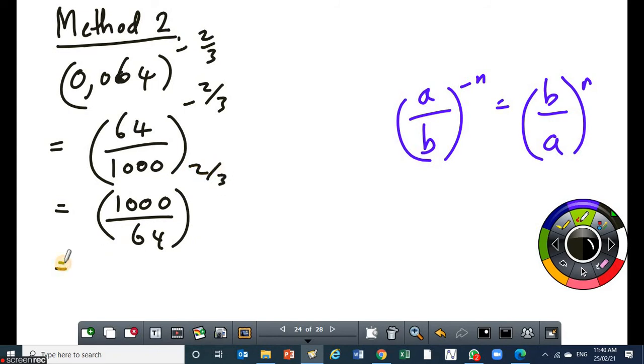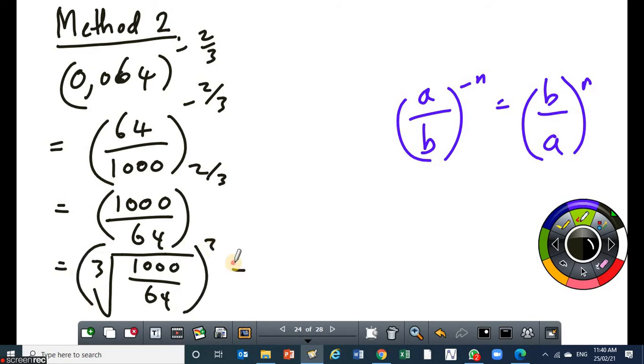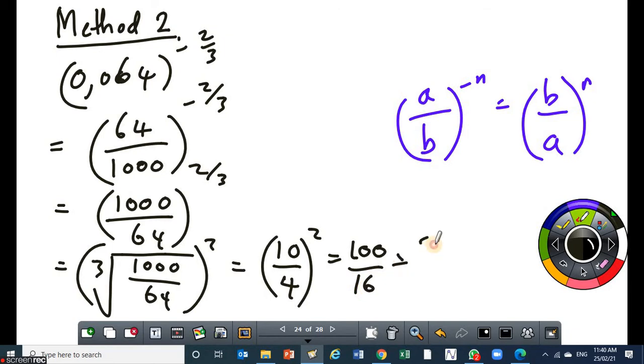Then I'll find the cube root of 1,000 over 64 and then square the result. So I'll get 10 over 4 squared, which is 100 over 16, and that will give you 25 over 4.